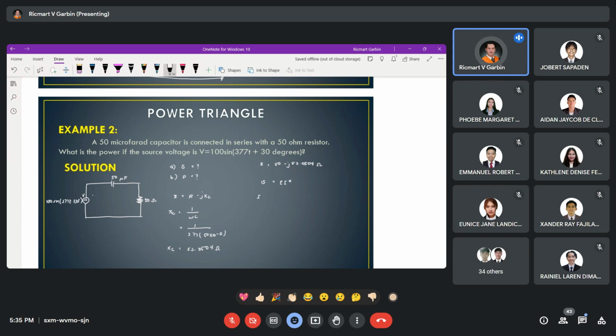So, para makuha natin yung current, that is E over Z. Where E natin is the phasor form of our source. So, this is 100 angle 30 divided by 50 minus J 53.0504. So, what is the value of our current? Recompute nga.